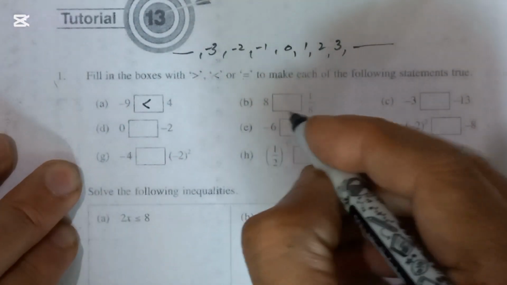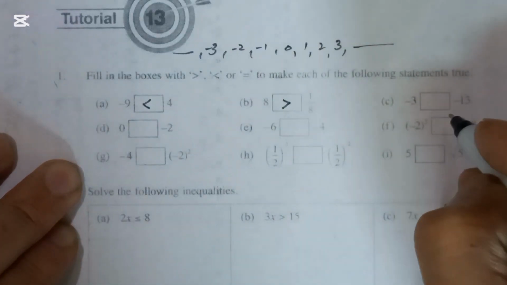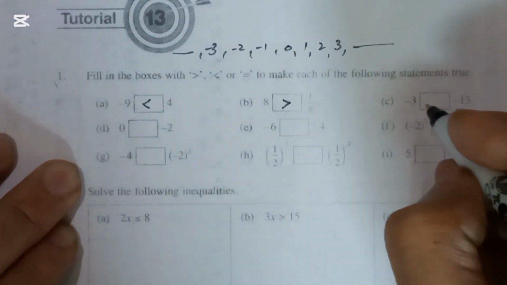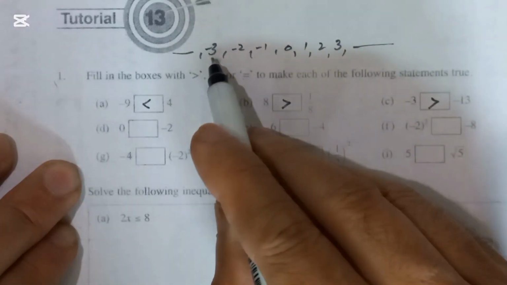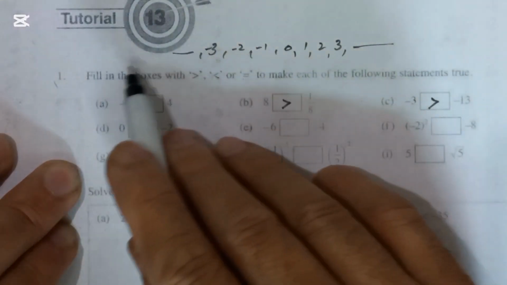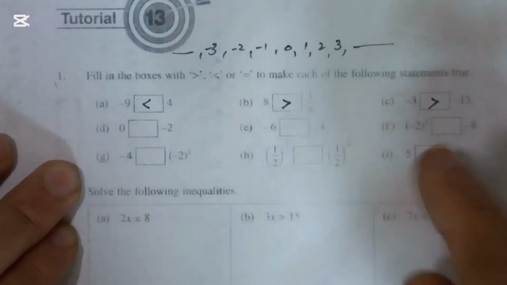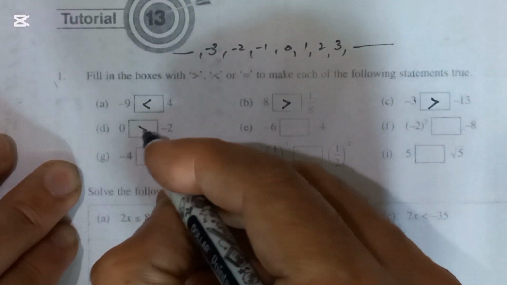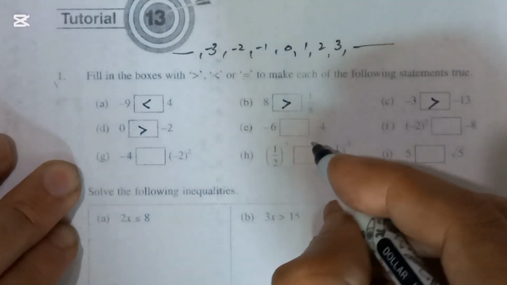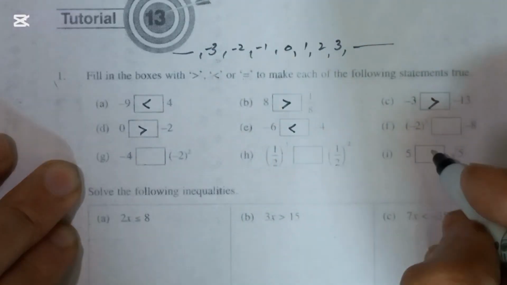B part: 8 is definitely greater than 1/8. -3 and -13: -3 is greater than -13, because -3 is nearer to 0, and -13 is very far from 0. And 0 and -2: 0 is greater than -2. -6 and -4: definitely -4 is greater than -6.